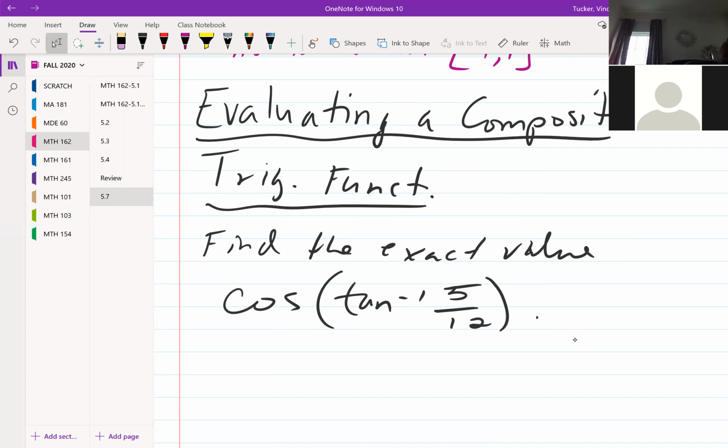All right. So if we mix up the trig functions, in other words, not cosine on cosine or sine, but cosine on tan inverse in this case.